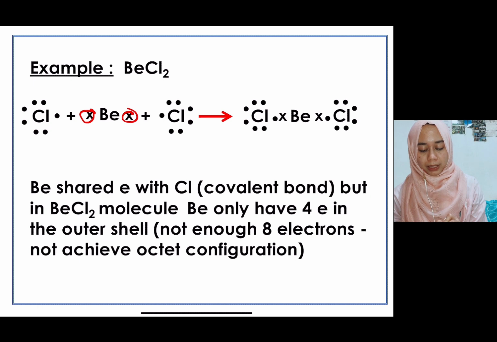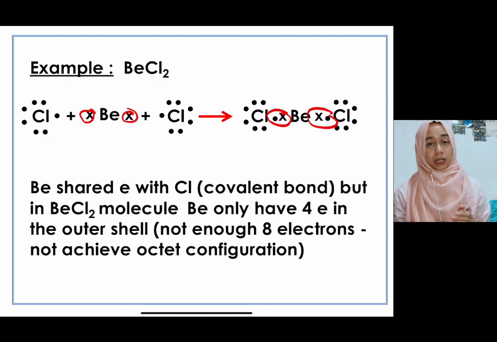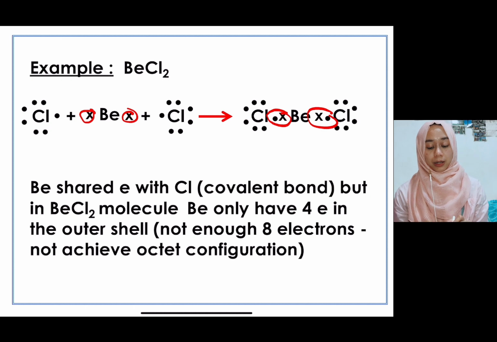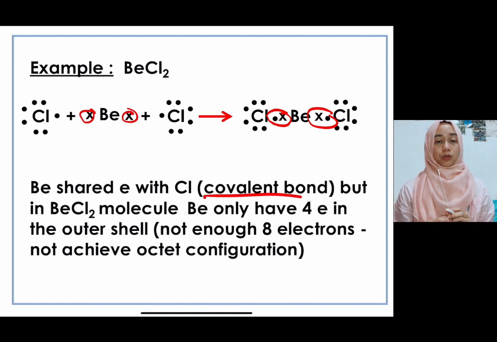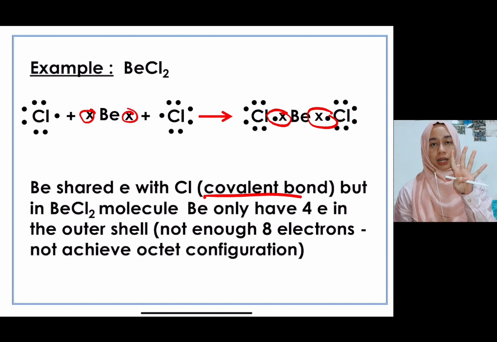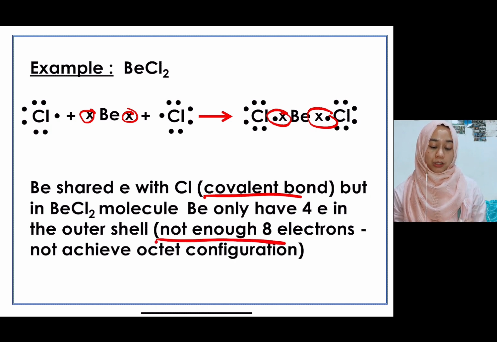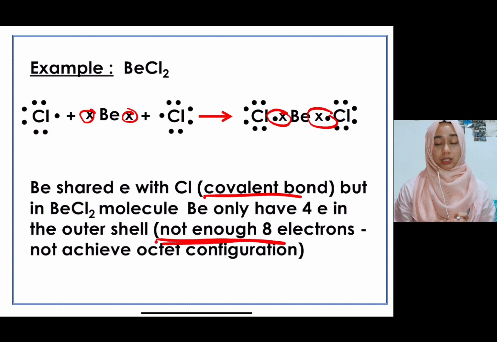That's why you see one single bond and another single bond here that it shares. Be shares electrons with chlorine, therefore they form a covalent bond. But in the BeCl2 molecule, as you can see, Be only has 4 electrons around it. So it is not enough for 8, meaning it does not achieve an octet. So this is what we call an incomplete octet.